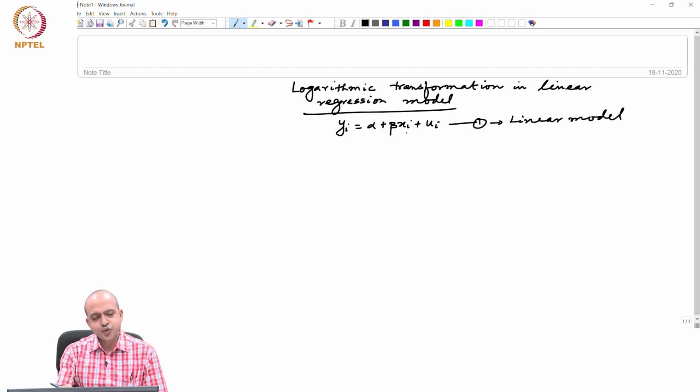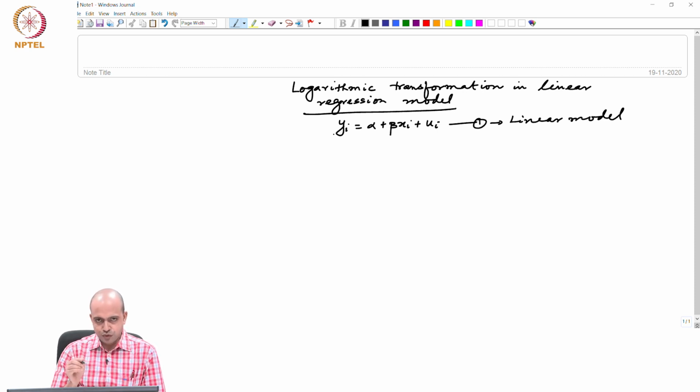You can transform your independent variable x and keep y as it is, or transform your dependent variable y into log and keep x as it is, or transform both y and x in log form.